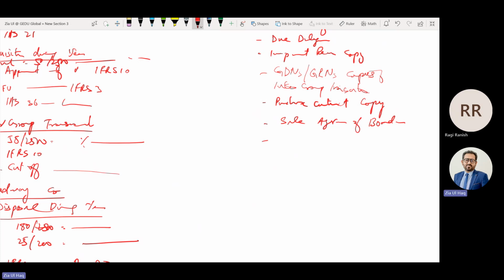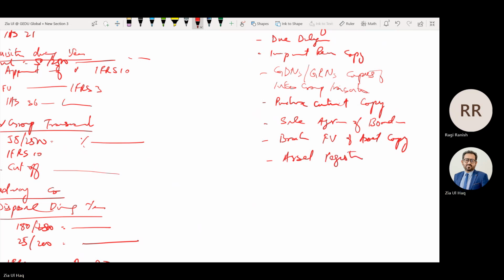The fair value of Broadway, a copy of the fair value of assets of Broadway. What else? An asset register copy to verify elimination of assets.